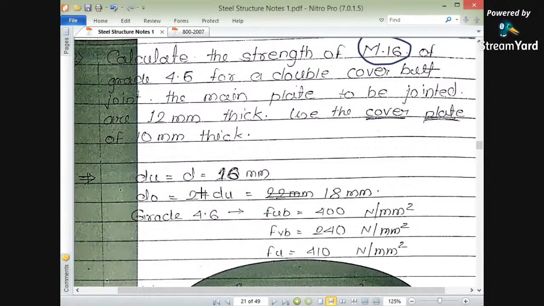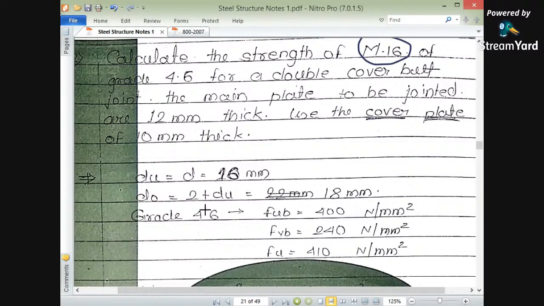From where have we taken this 2? Again this 2 is taken from IS 800 2007, as the allowance for holes. So diameter of hole is equal to 2 plus d, where d is the diameter of bolt. So 2 plus 16 comes to 18 mm.